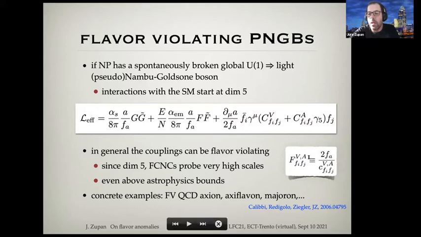And in the next slide, I will have bounds on this capital F, which just absorbs the coefficients in the definition. Right? So the sensitivity of these flavor probes, I think what you want to compare this with is astrophysical probes to the diagonal couplings, for instance, to the photons.